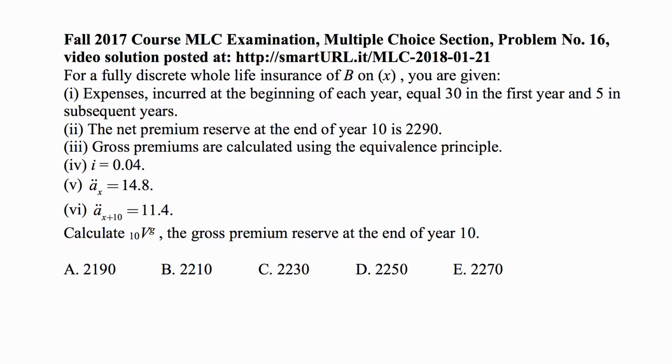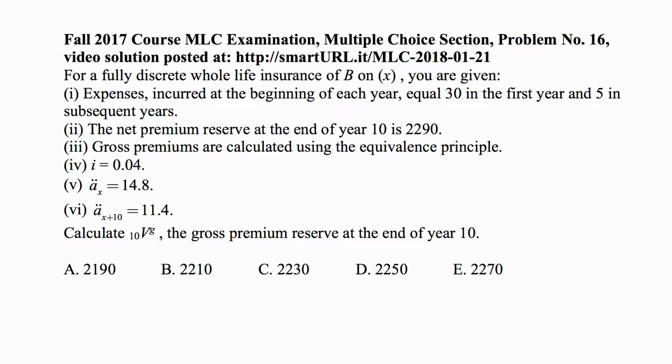The fact that you have a level net premium and increasing mortality causes the situation that you have to have a net premium reserve for whole life insurance. Remember that when you have whole life insurance with level premium and constant force of mortality, reserve is 0 because mortality is the same at every age.